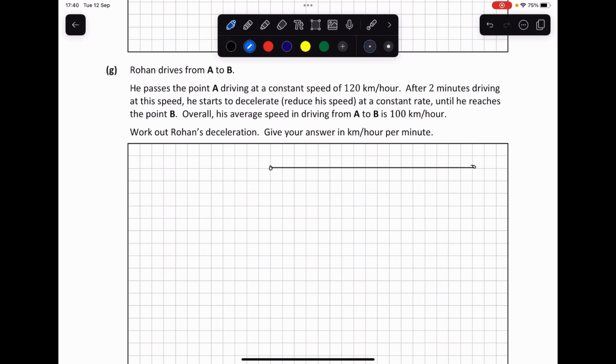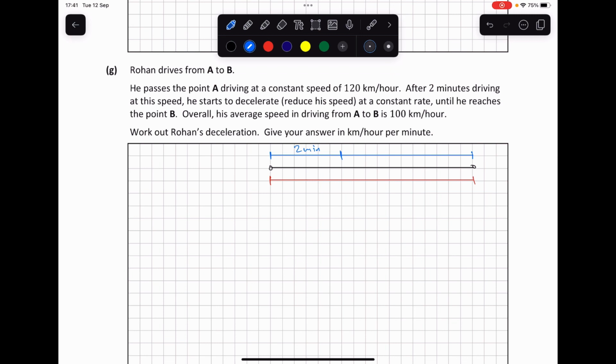So 2 minutes. He drives here for 2 minutes in the first part, yeah?